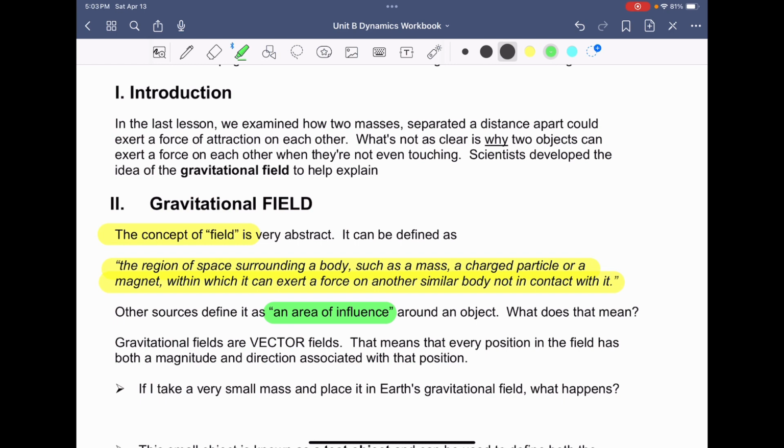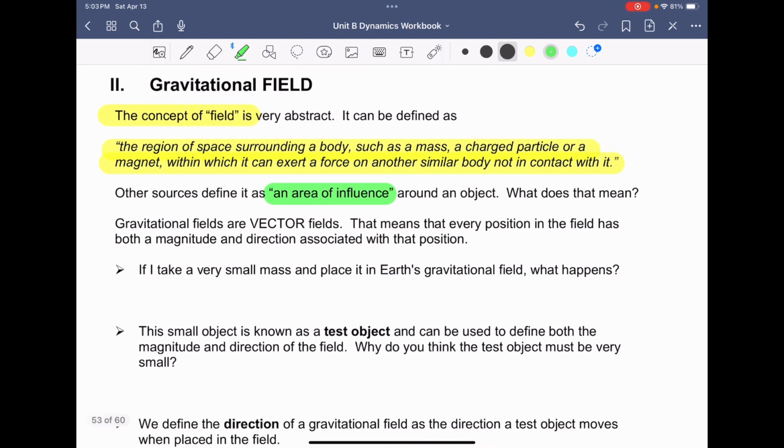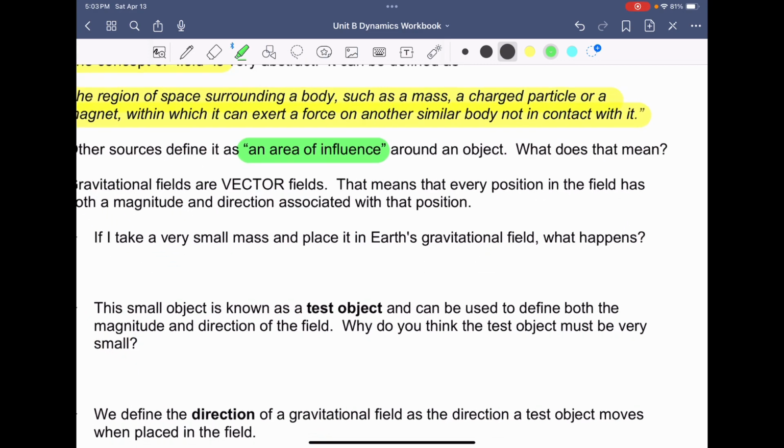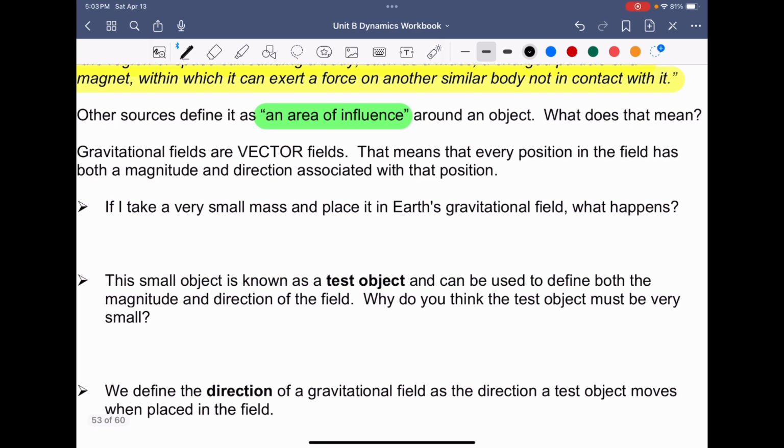Now, if I talk about a gravitational field, it has some sort of vector field, meaning some way we can visually represent specifically how objects interact with it. If I take a very small mass and place it within the Earth's gravitational field, what happens? Well, there is some sort of area of influence, and within this area of influence, the very small mass would accelerate towards Earth's surface.